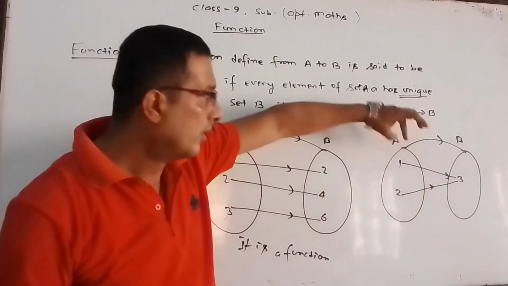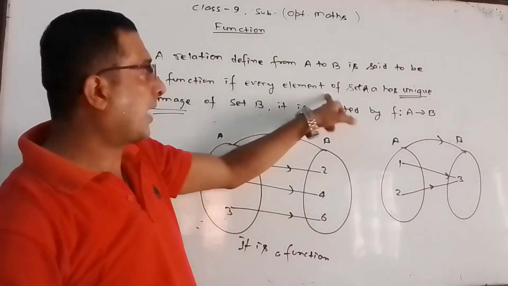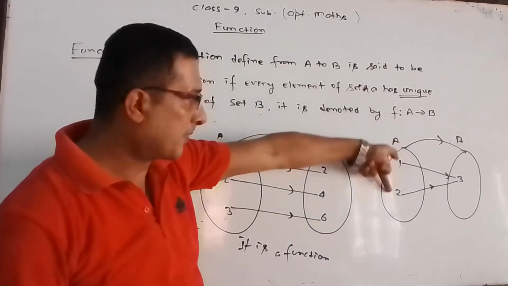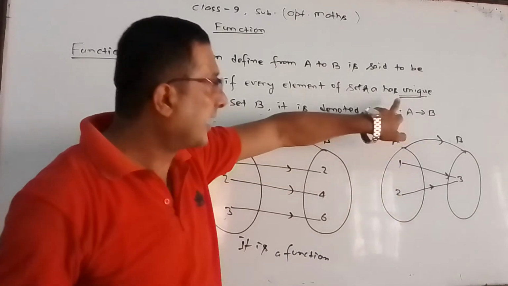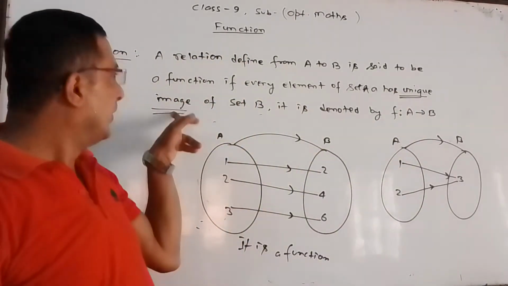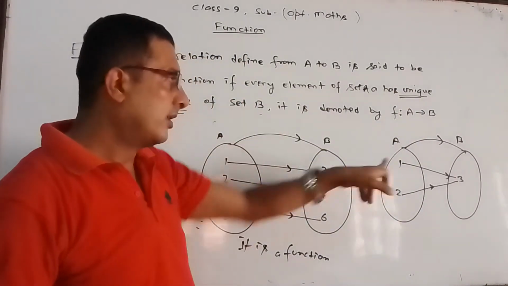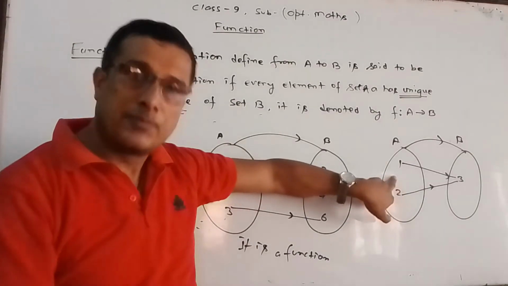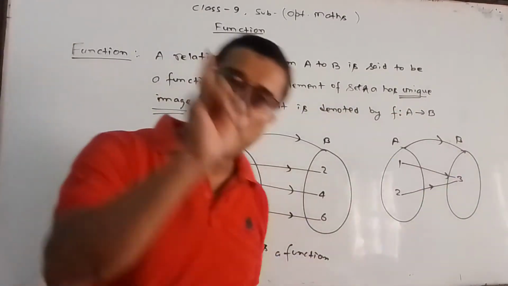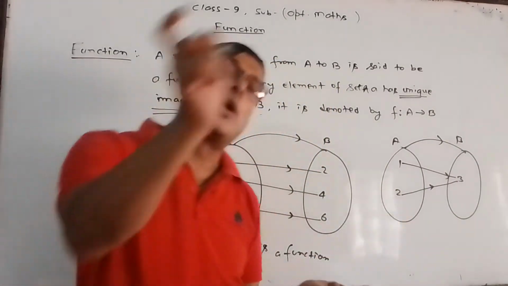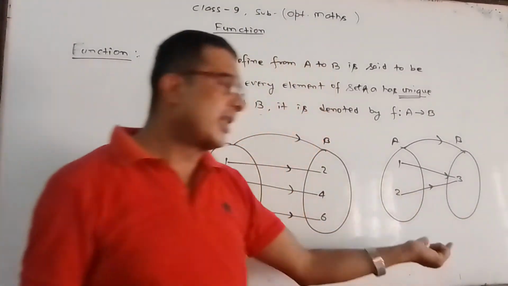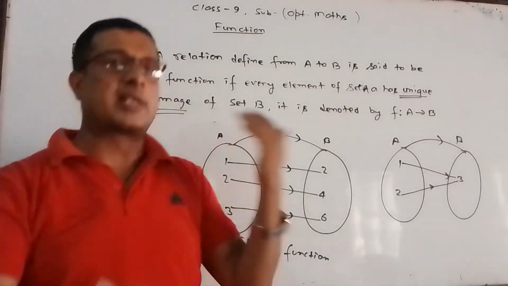First, every element of set A participates in mapping. Second condition, has a unique image in set B. So 1 has one image, 3, and 2 also has one image, 3. Maybe some confusion is created in your mind.